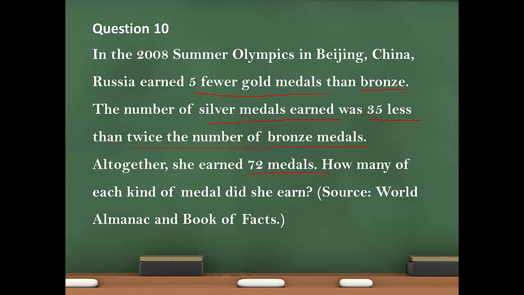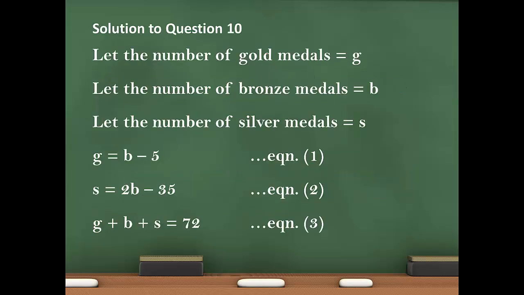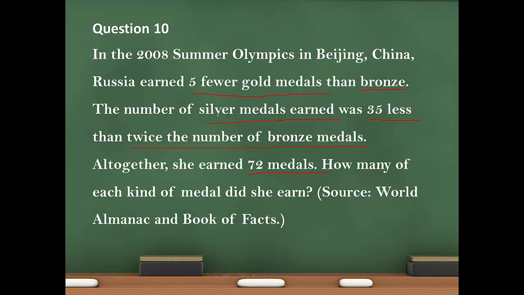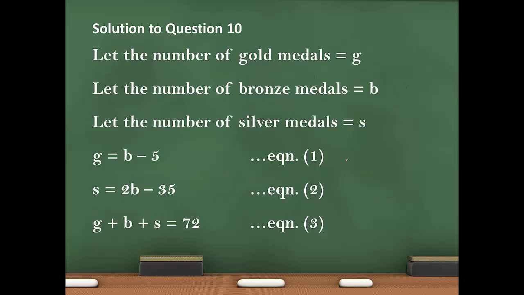So G plus B plus S is 72. That's equation 3. And here it says that it earned 5 fewer gold medals than bronze. So that tells you that G, the number of gold medals, is bronze minus 5.